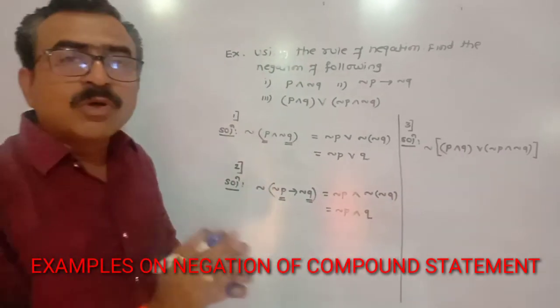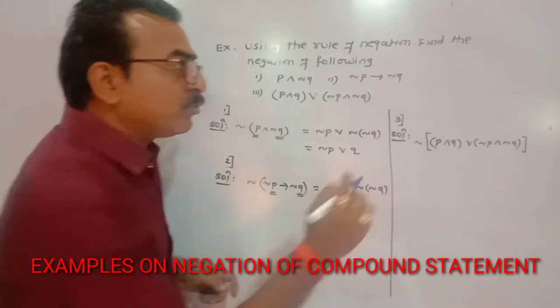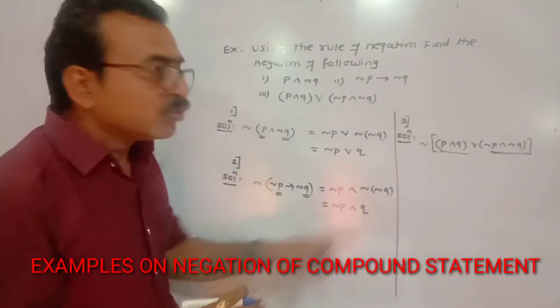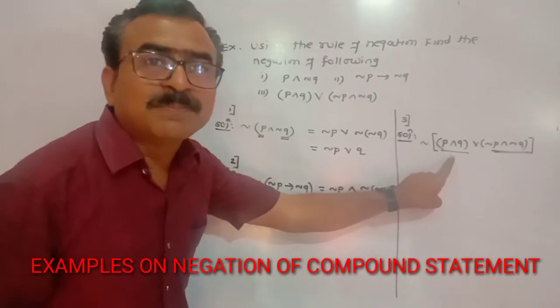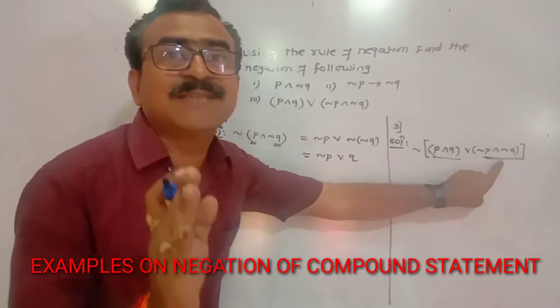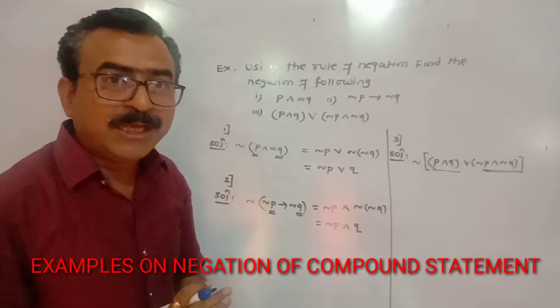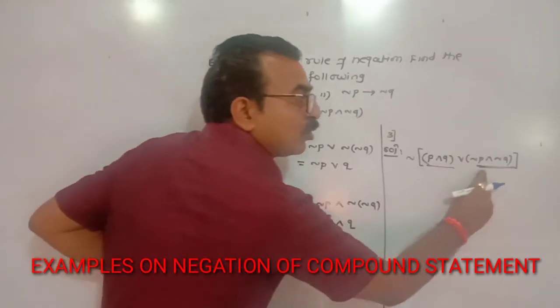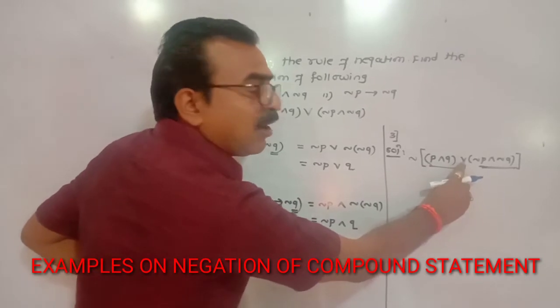Understood? In this statement pattern, two simple brackets are given. Consider the first bracket as the first statement and the second bracket as the second statement. In this statement pattern, two statements are given which are connected by OR.